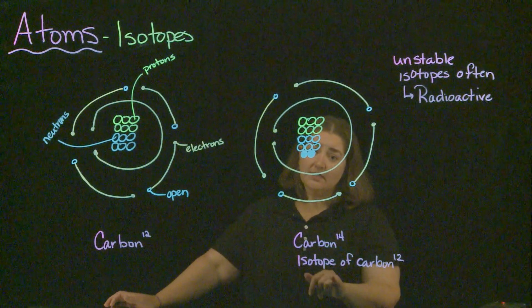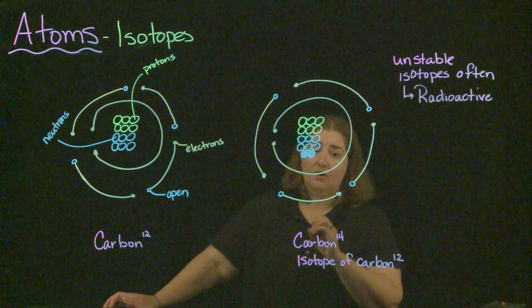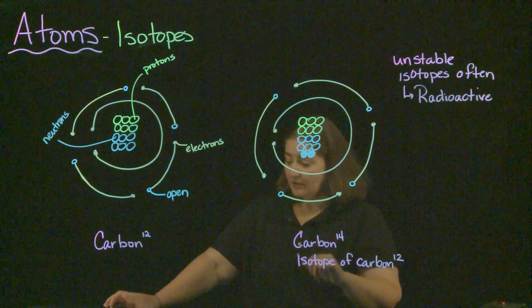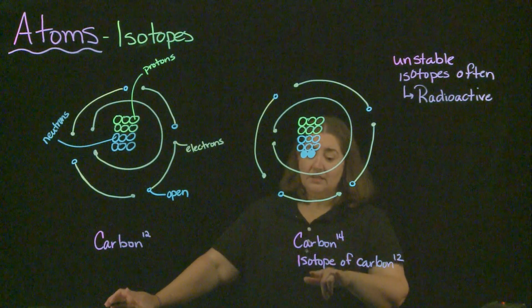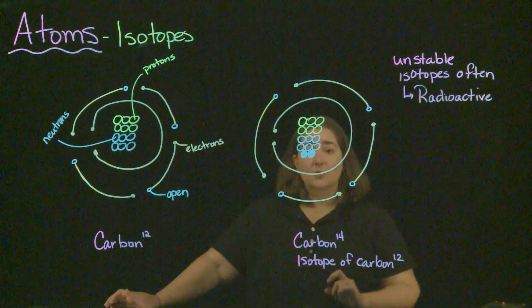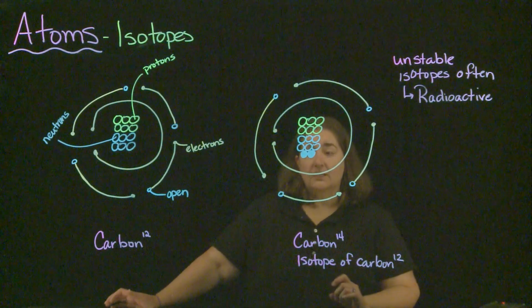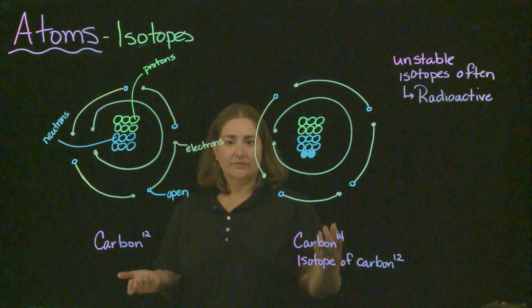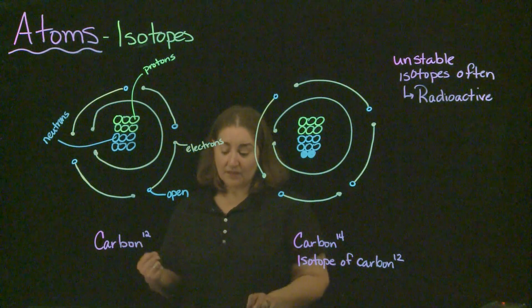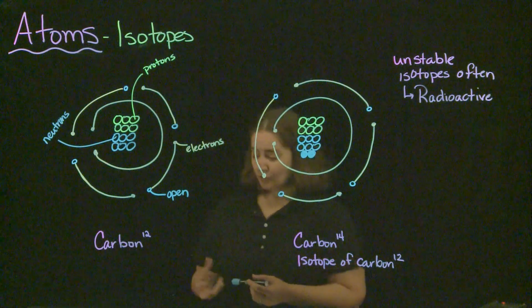So typically isotopes of an element are radioactive. If I say the word radioactivity, most people are going to think of something that's not good. It's not beneficial, and part of that is true.